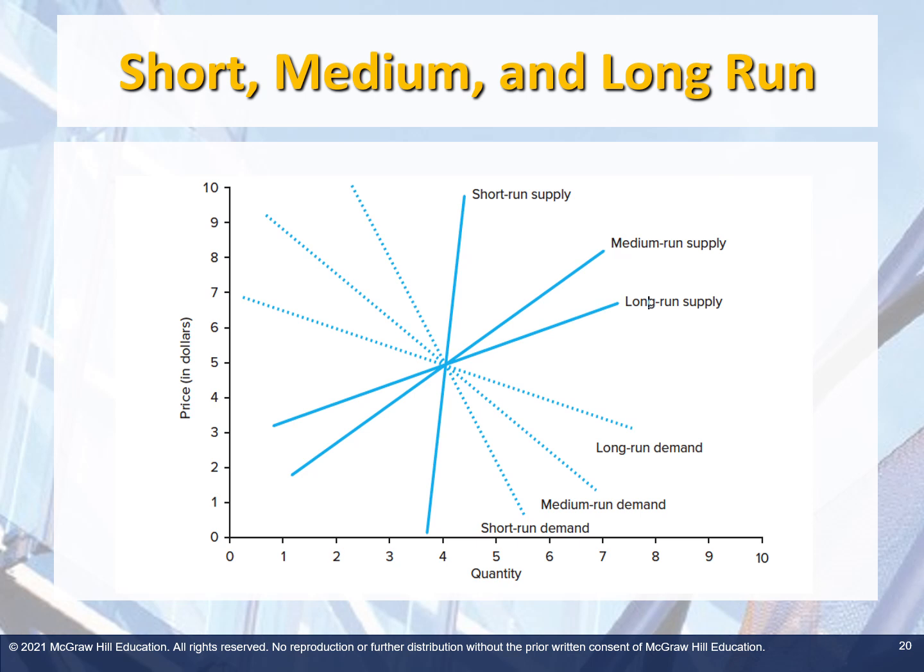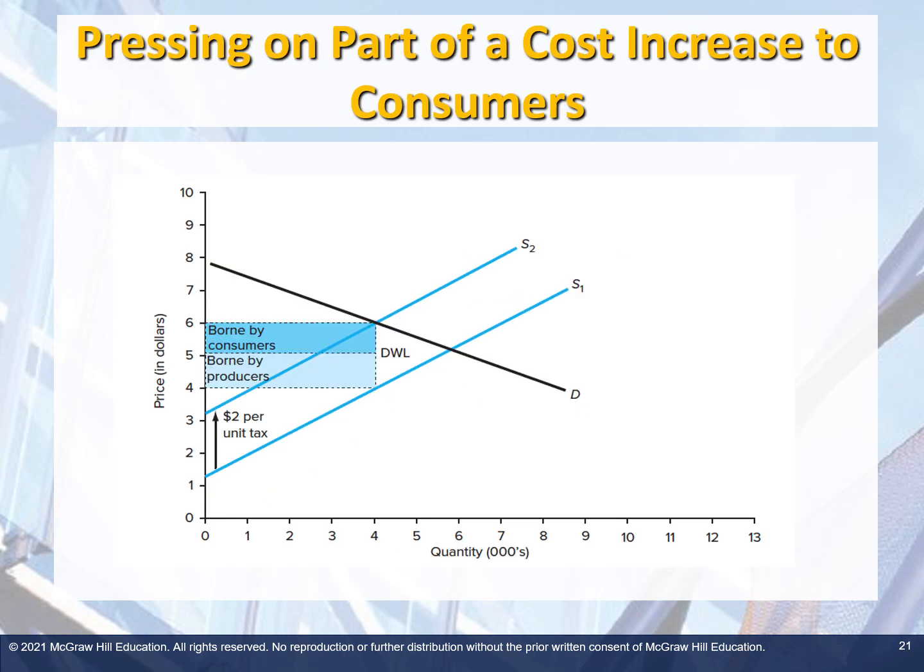For example, a factory might be able to expand its physical space and invest in new machinery. In the long run, all factors of production are variable, and firms can make comprehensive adjustments to optimize production. A factory can relocate to a new site, it can adopt new technologies, or it could completely restructure its operations.